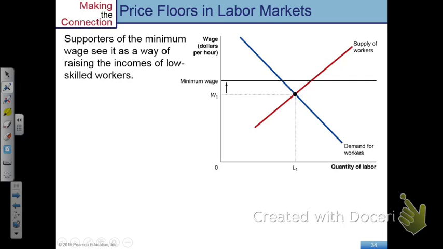The market equilibrium wage is W star, but the minimum wage is set above the market equilibrium. So you can see clearly that if that happens, there is more supply of labor than demand, because L2 is how much labor you and I supply, and L3 is how much labor firms want to hire, right?